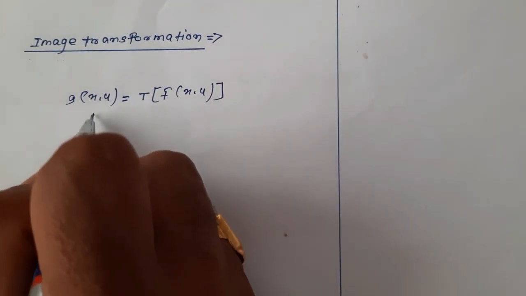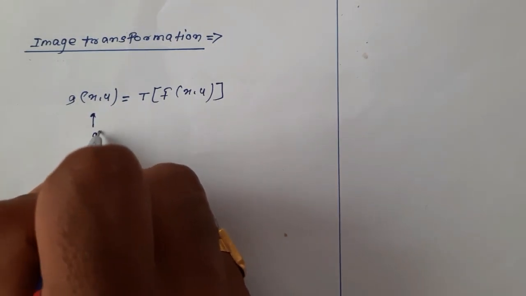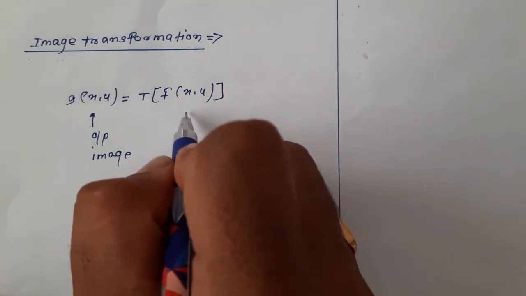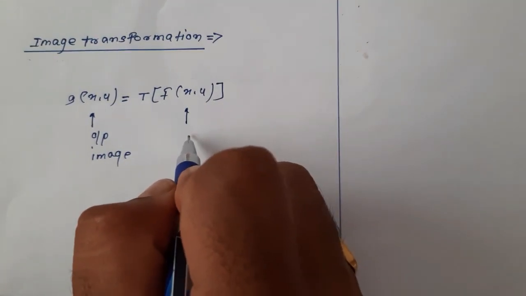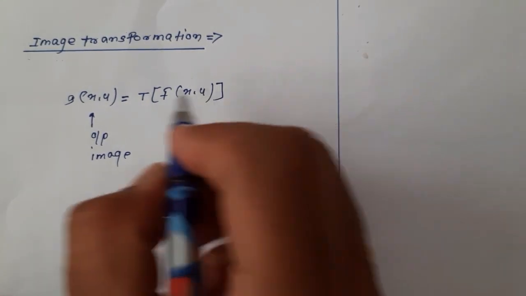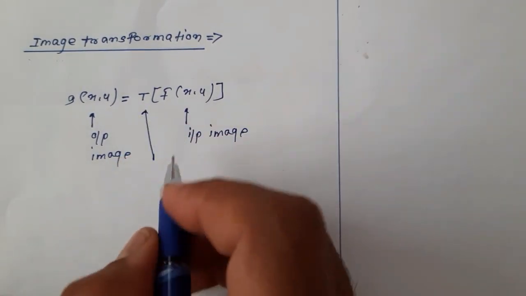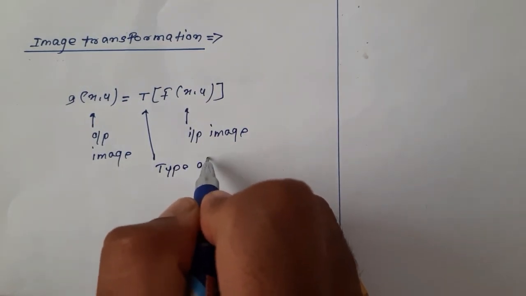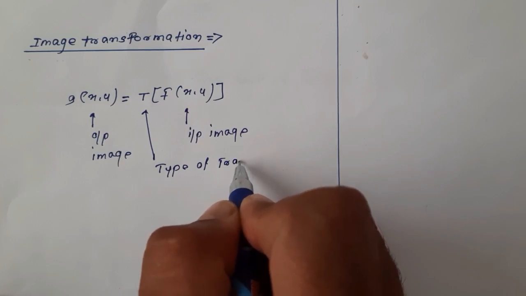So g(x,y) is nothing but your output image, and f(x,y) is nothing but our input image, and this T is called the type of transformation.